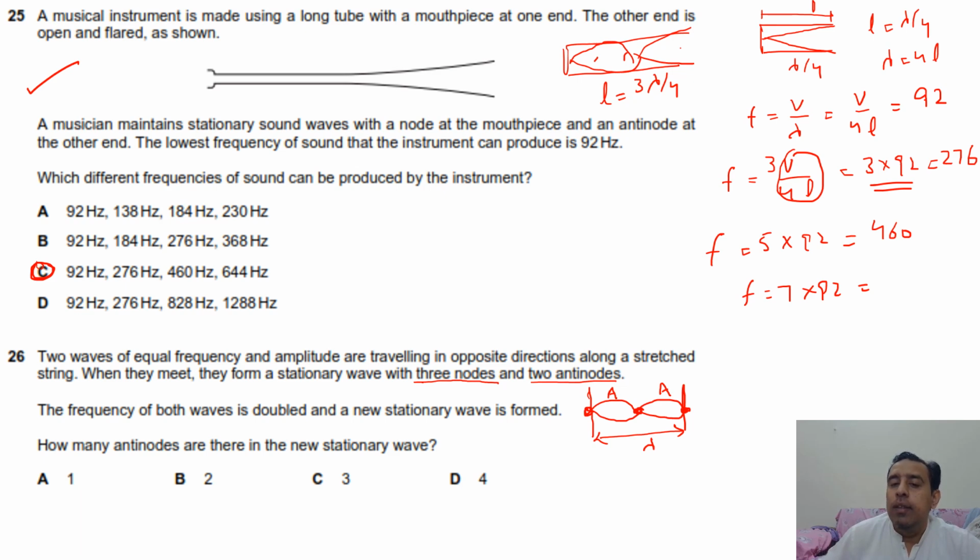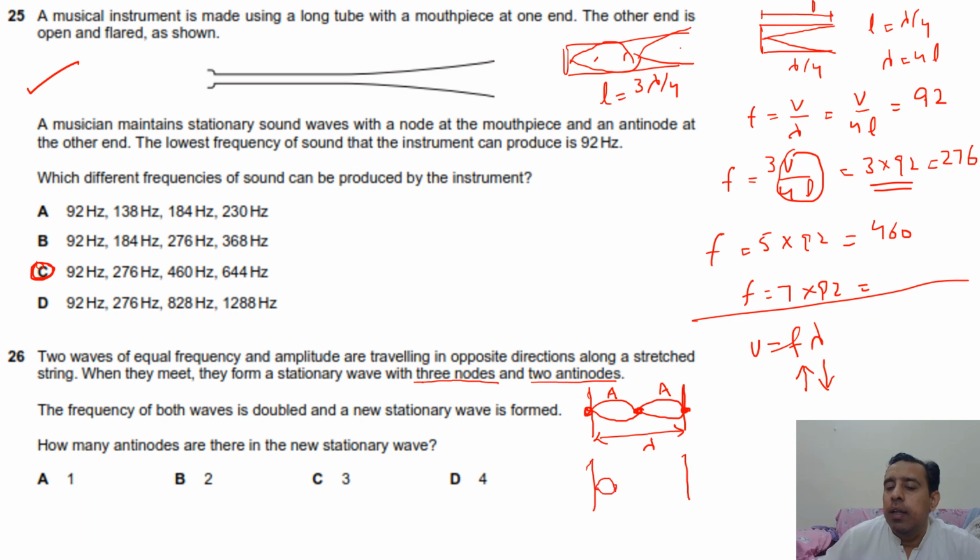The frequency of both waves is doubled. The frequency is doubled means, from the formula, you come to know that v is equal to f lambda. If the frequency is doubled, the wavelength should be half. So if we halve the wavelength, it means for this lambda we have one wave or two loops.